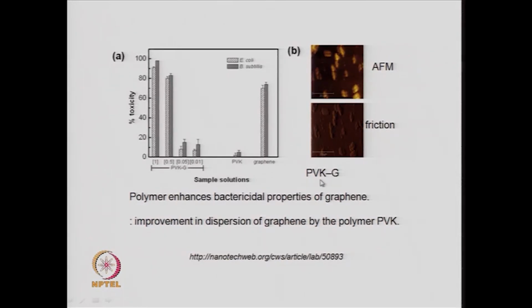So, the optimal coating of graphene with PVK, a polymer, can lead to much higher toxic levels for these microbes, and which is helpful for applications in medicine.